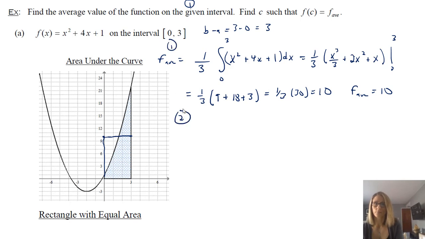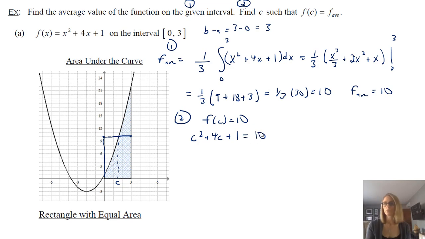The second part says find the actual value of c so that f of c is f of average. So what it's asking us for now is to find this c value for which f of c equals the 10. So all we have to do is do f of c, which is c squared plus 4c plus 1, and that equals 10, and then we just solve this for c.